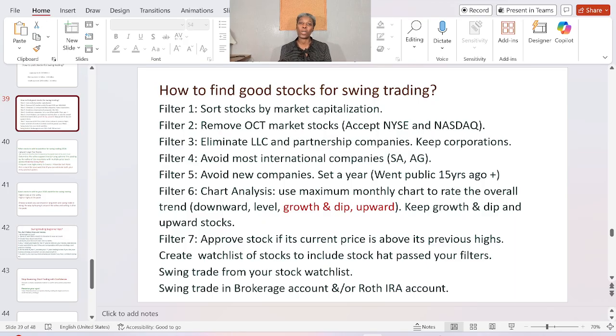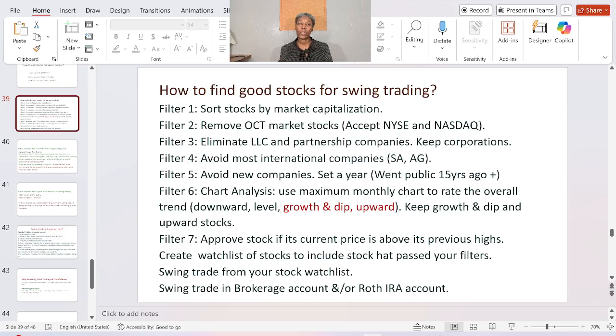Does not mean that you are not going to trade some companies that are international companies, but as long as they meet the above criteria for you, that's fine. So I like to eliminate companies that end with SA and AJ. Keep in mind that with an international company you will pay foreign tax, but it's deductible on your 1040.